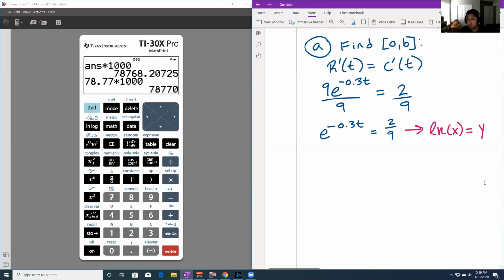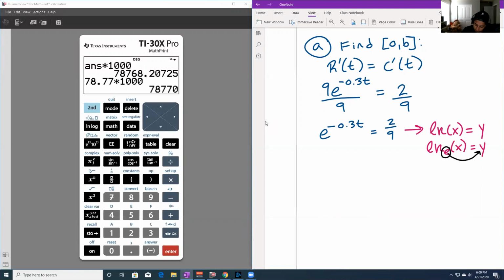All right. So for natural logs, we know that the base of a natural log is e. And what we also know about logs is that we can convert logs into exponentials. So all I have to do is take this e and raise it to this y.